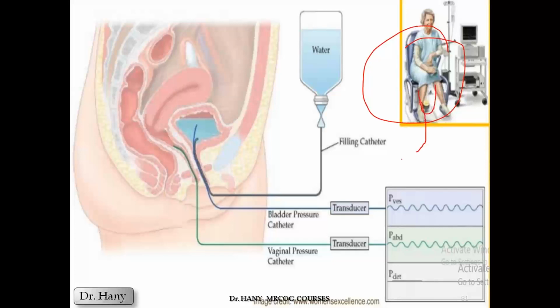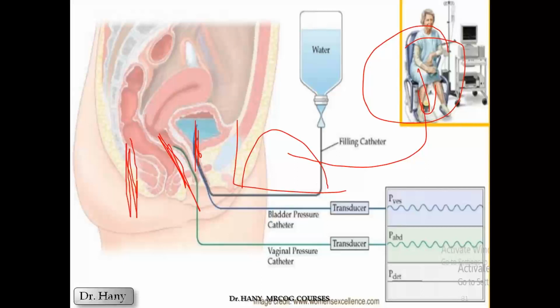It will give me the uroflowmetry. After that, I put 2 catheters, one in the bladder and one in the vagina or anal canal. Why? One gives me the intra-abdominal pressure, and the other gives me the intravesical pressure.